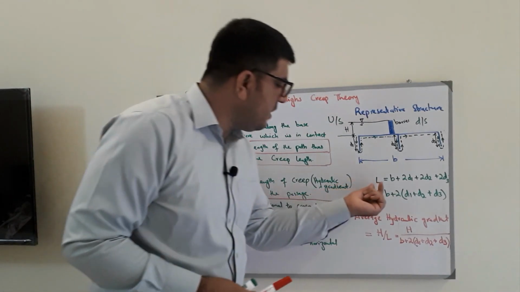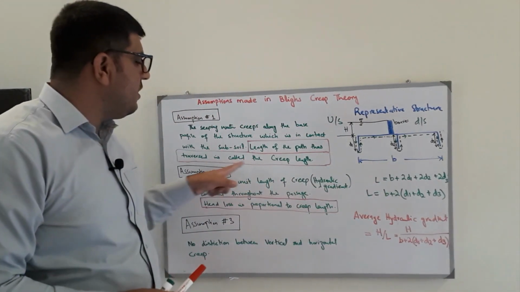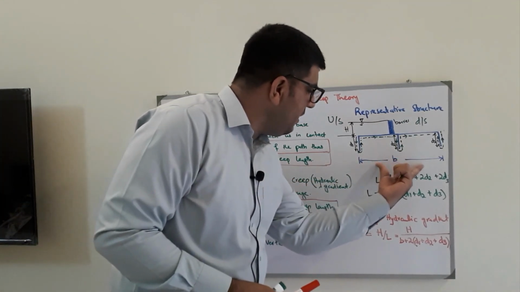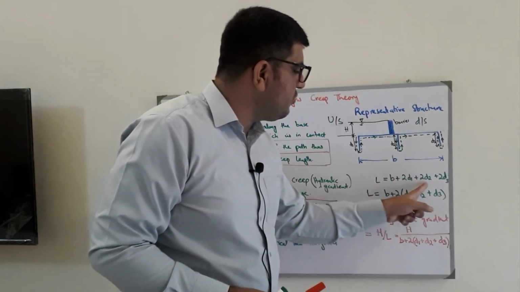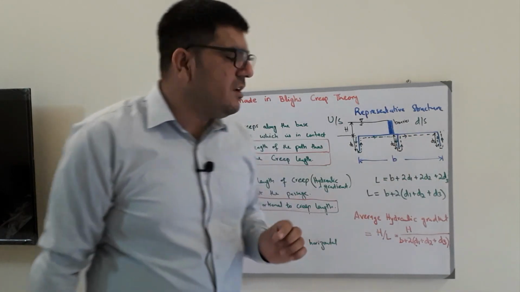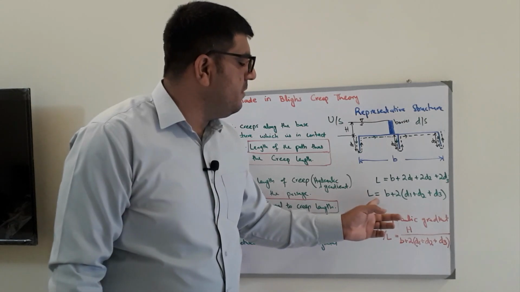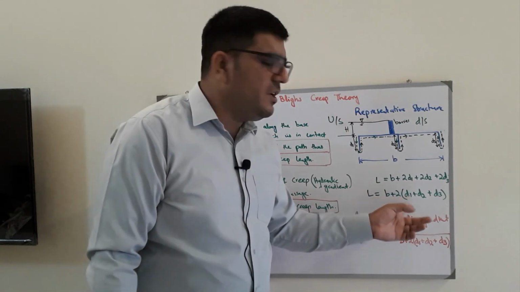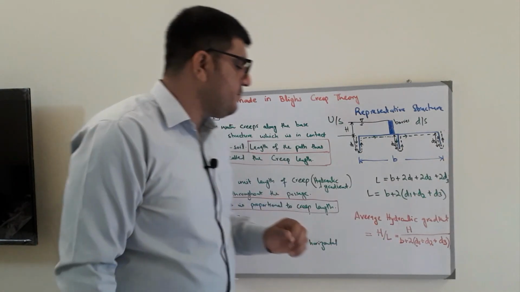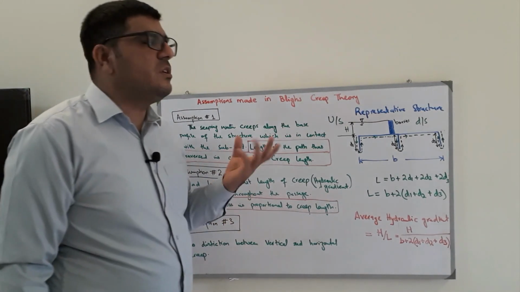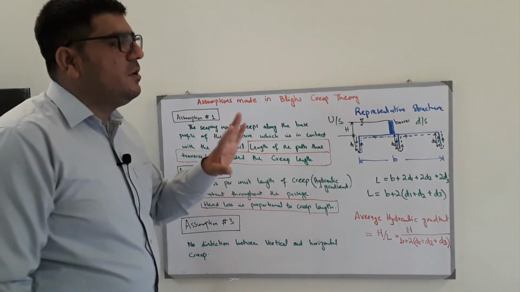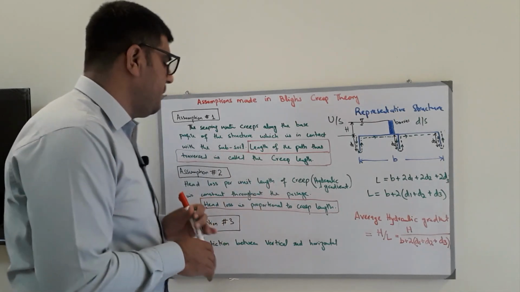So L, the creep length, is b plus 2d1 plus 2d2 plus 2d3, or taking the 2 common, L is equal to b plus 2 into (d1 plus d2 plus d3). Now this was the first assumption. I think you can remember it.